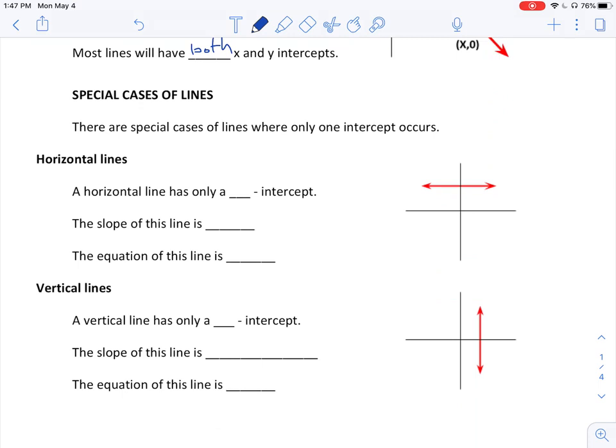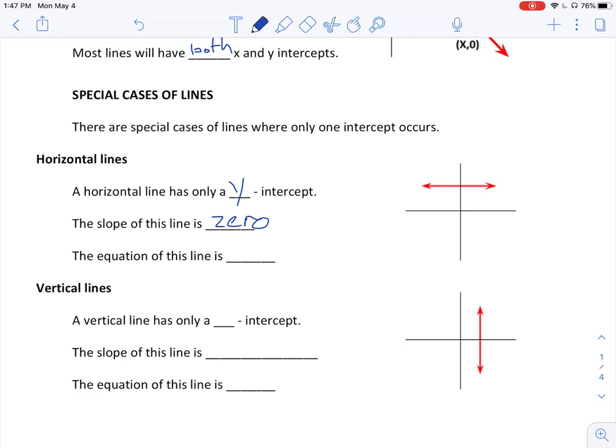So a horizontal line only has a y-intercept, right? We can see that this horizontal line only touches the y-axis, so it only has a y-intercept. The slope of this line, or the rate of change, is 0. There is no slope. We can see how it's just a straight line. There is no change, either positive or negative.